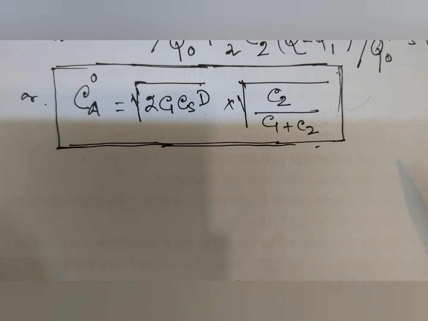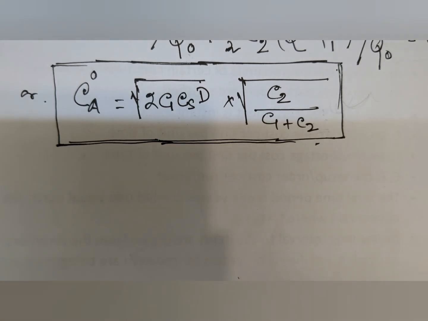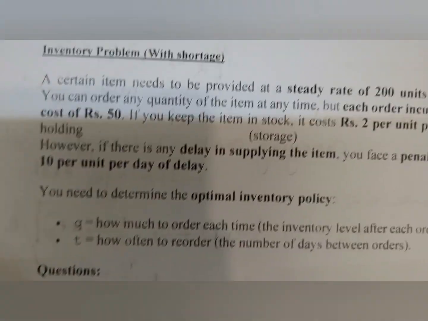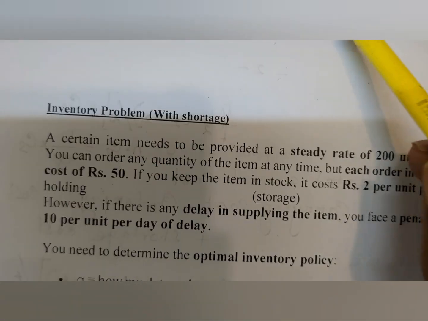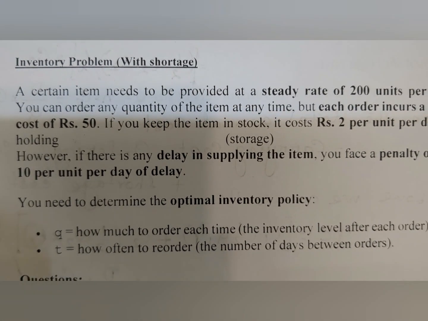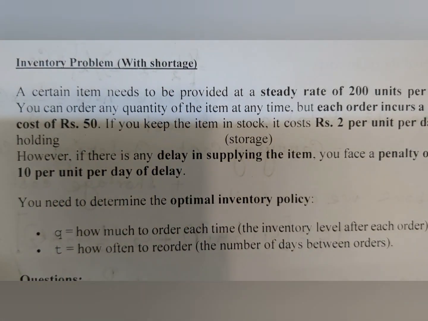Now you have to check and use one practical problem. Now see the problem, how you solve it. In the exam, this type of problem will be given. Inventory problem with shortage.